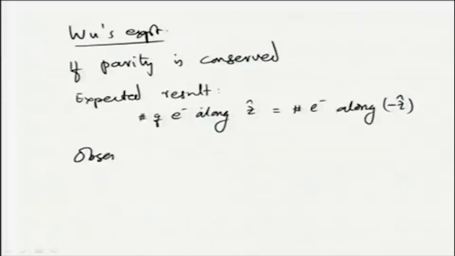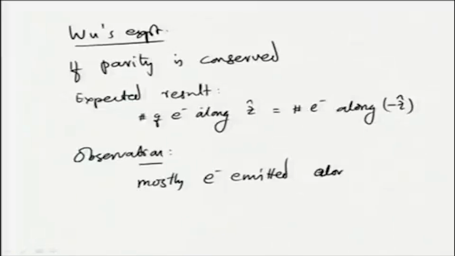Observation: mostly electrons are emitted along the negative z direction, opposite to the cobalt 60 spin. Conclusion: parity is violated.